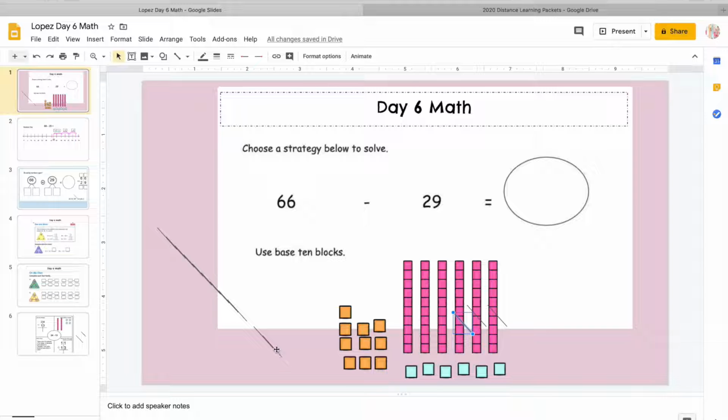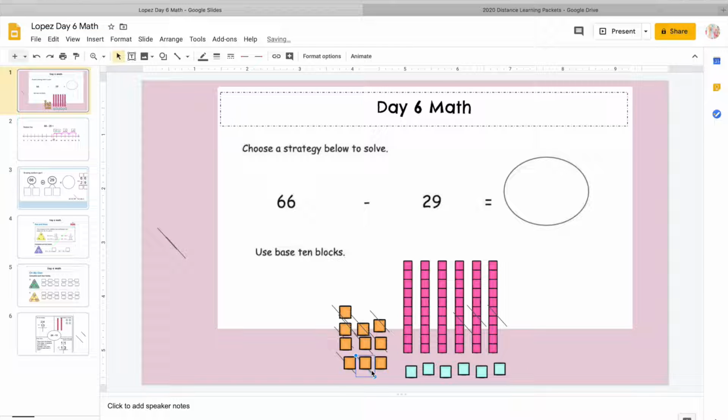So we will cross out 1, 2, 3, 4, 5, 6, 7, 8, and 9.